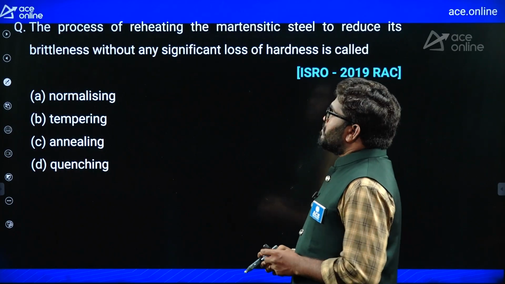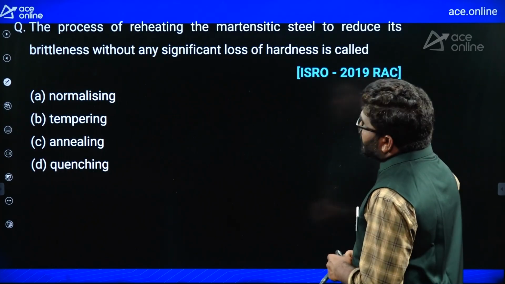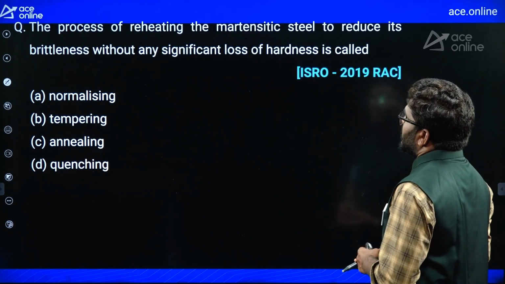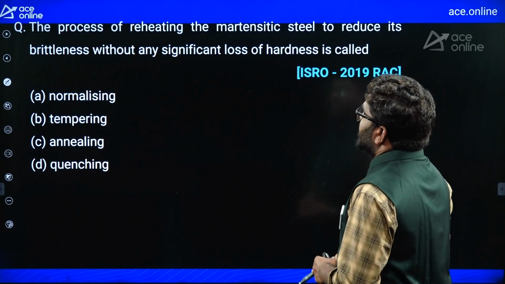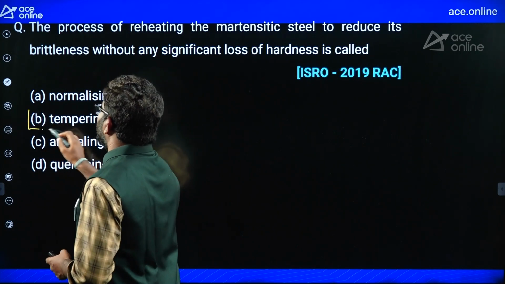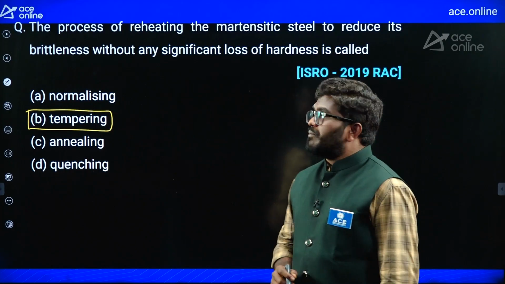Next, the process of reheating the martensitic steel to reduce its brittleness without any significant loss of hardness. Reheating, that is nothing but the tempering operation. To relieve the residual stresses, we are applying the tempering process.